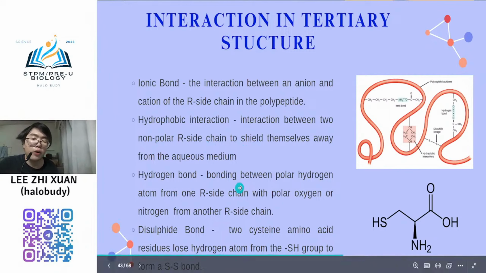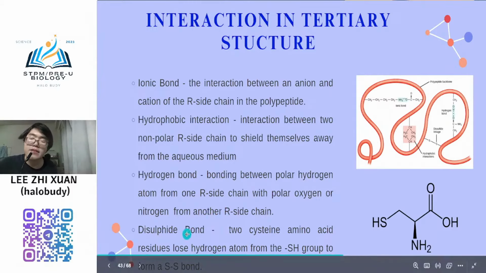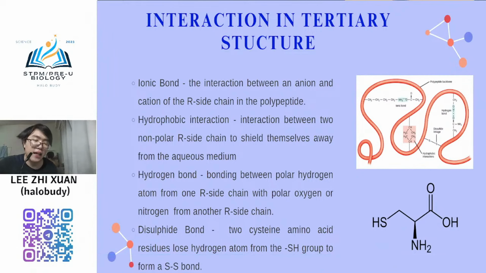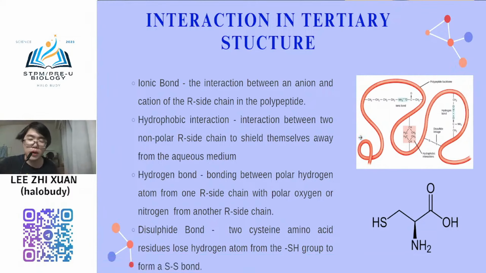A hydrogen bond is when there is a hydrogen atom from one R side chain and another R side chain. A disulfide bond or disulfide bridge is when there are cysteine amino acids that can form an SH group, an SS bond, a sulfur bond. So these are the 4 interactions that contribute to forming the 3D structure.